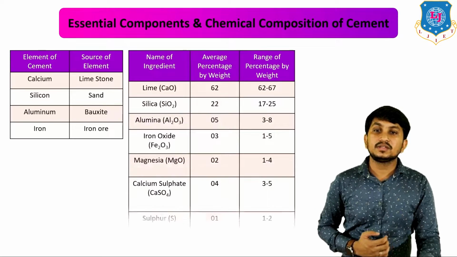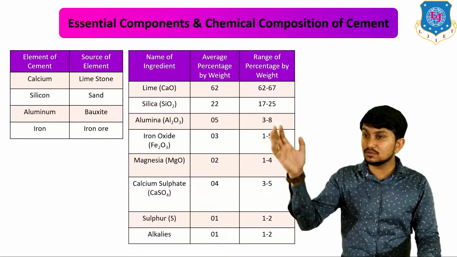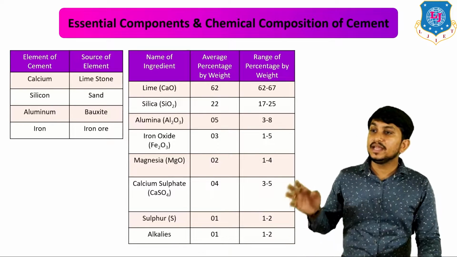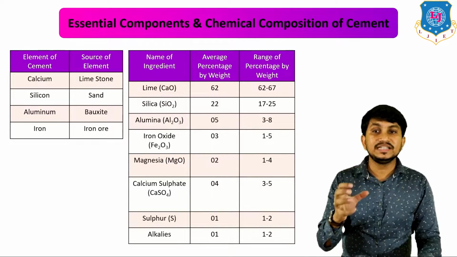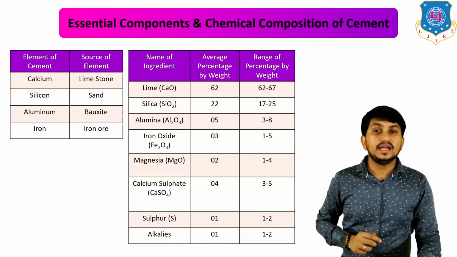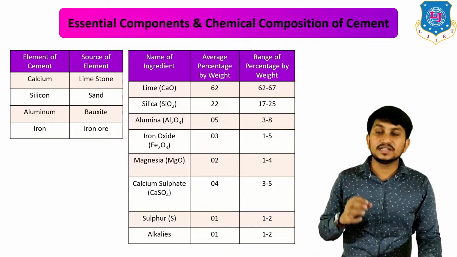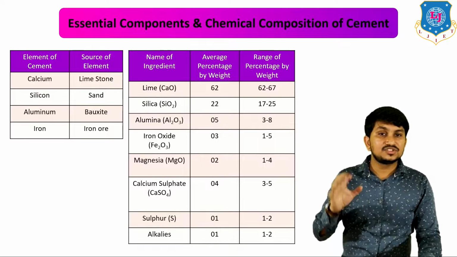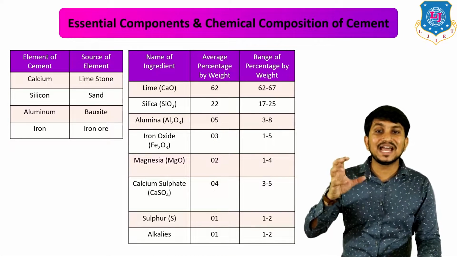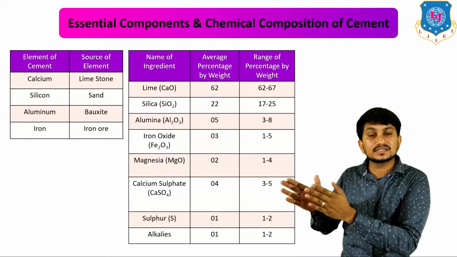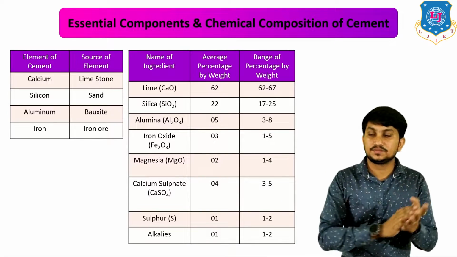The chemical composition of cement looks like this. The main component is lime, which is called CaO, calcium oxide, having a percentage of 62%. Generally, the range of this lime is between 62% to 67%.